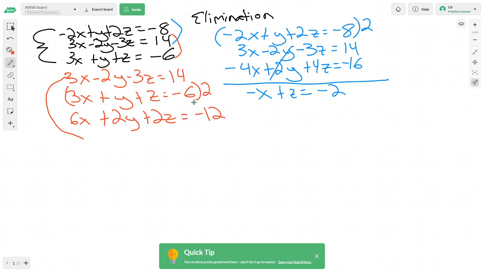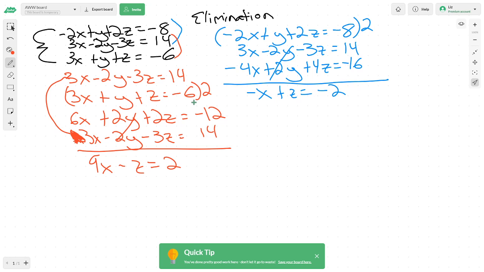I'm going to bring this one under so it's easier to work with. And that gives me 3x minus 2y minus 3z equals 14. The 2y's cancel. I get 9x minus z equals 2.